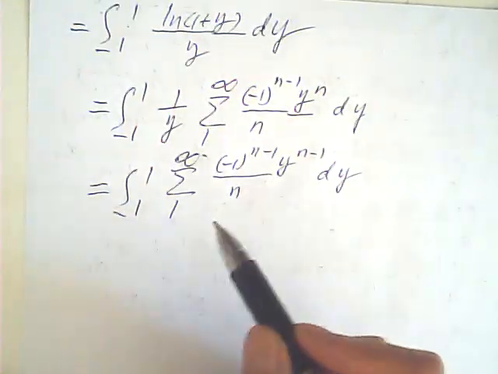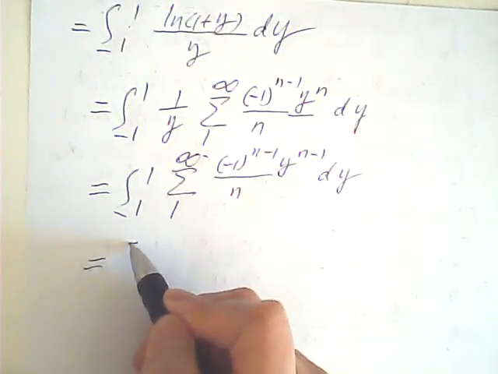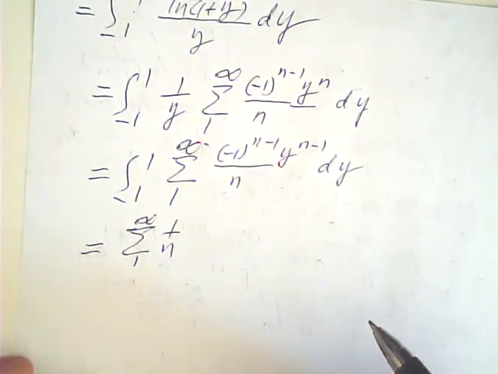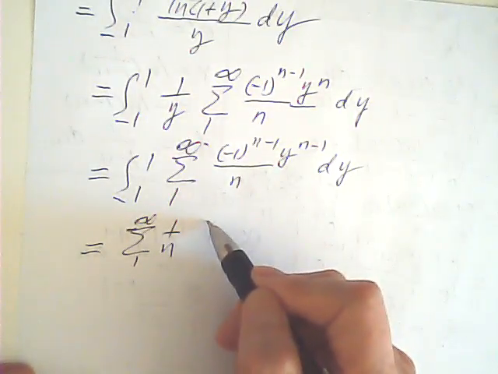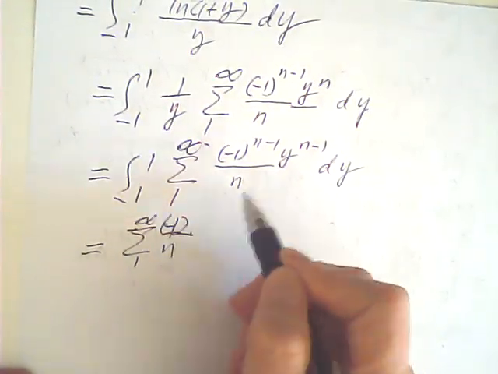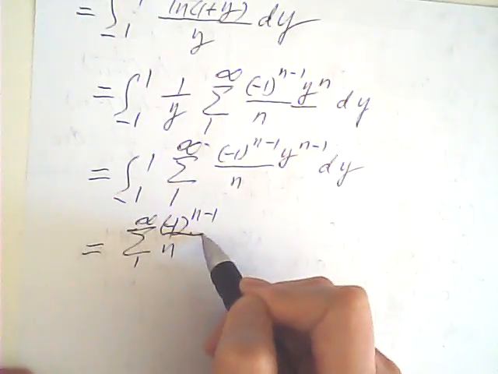Then I can switch the operator. So this is sum of negative 1 to the n minus 1, 1 over n, and I take this one out too. Okay.